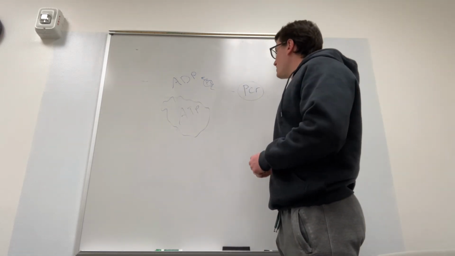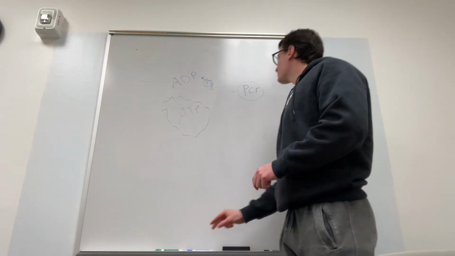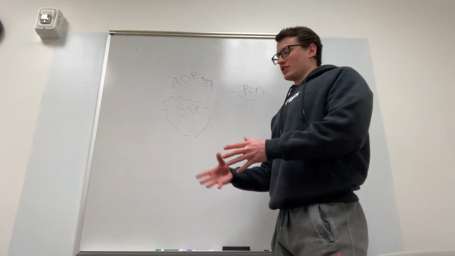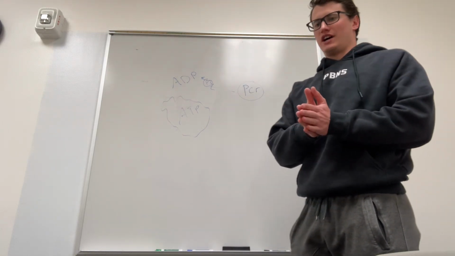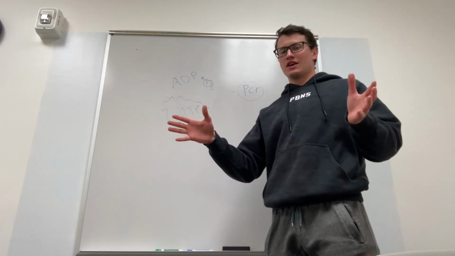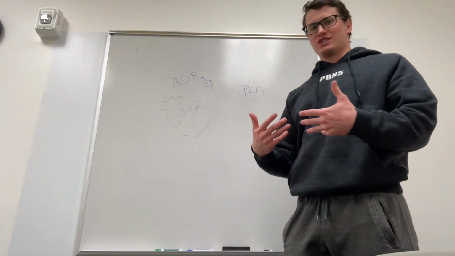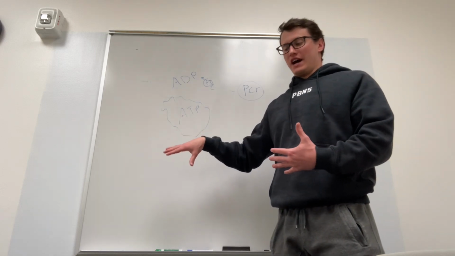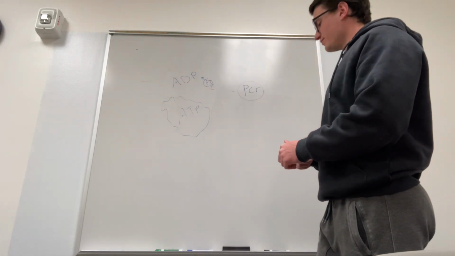So because we're able to do this, and we have this creatine phosphate that's really effective at replenishing our ATP stores, this is actually going to allow us to use that energy for about 1 to 10 seconds. That's going to allow us to sustain some hard movements that require a lot of energy.